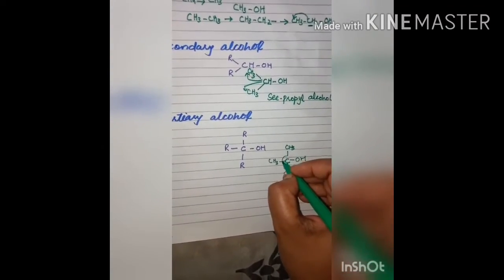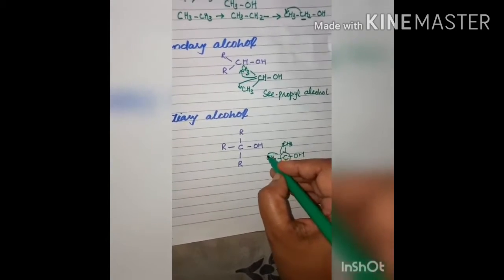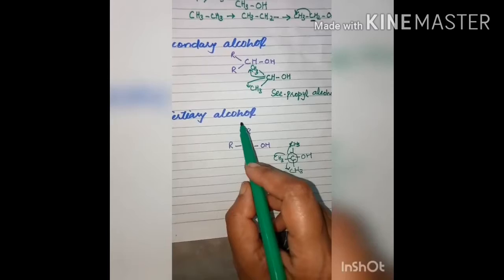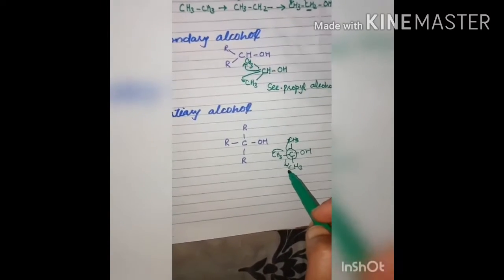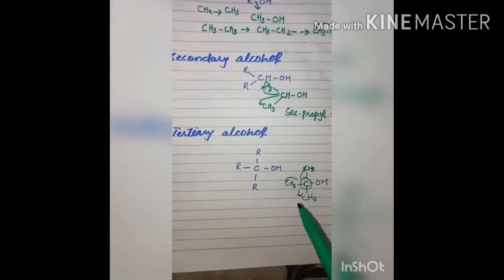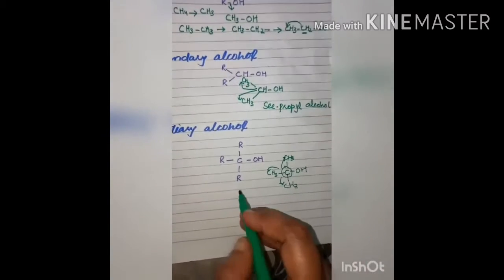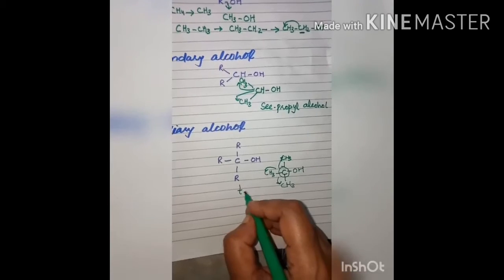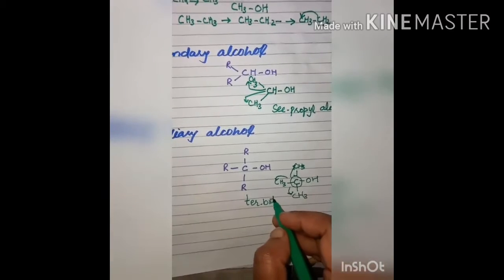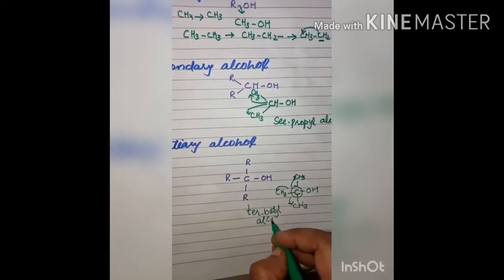Carbon from which hydrogen has been removed has been attached to three other carbon atoms, so it is called tertiary alcohol. As this is the radical of butane, butyl radical, its name will be tertiary butyl alcohol.